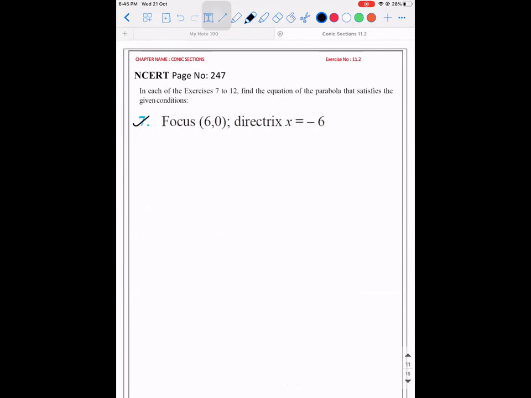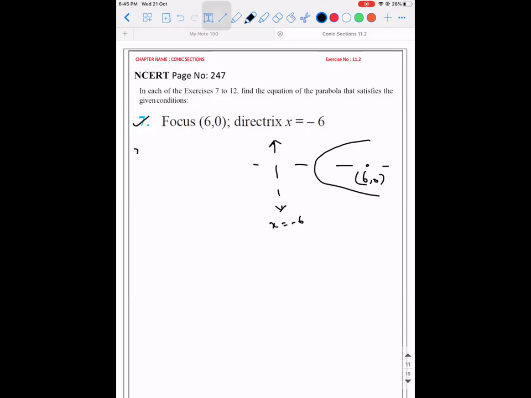So let's do this problem. We need to find the equation of parabola whose focus is 6, comma 0. So focus lies on x-axis, so 6, comma 0. So there should be a parabola with a concave side covering the focus, and x is minus 6.